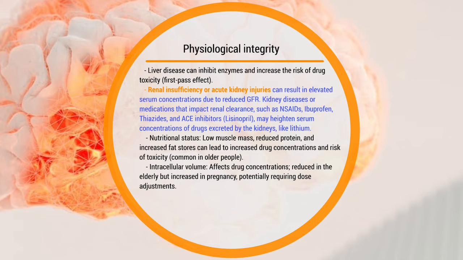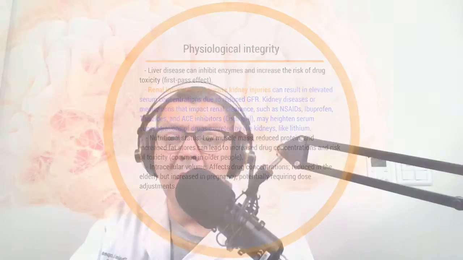Now, if we're talking about the kidneys, renal insufficiency or acute kidney disease, the same concept applies. If the kidney is unable to produce its effect as it should, if it's not able to work well, then you have a higher drug concentration.